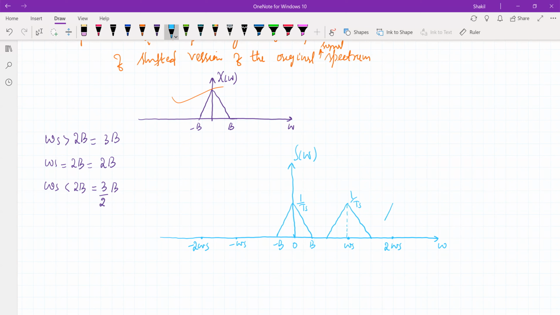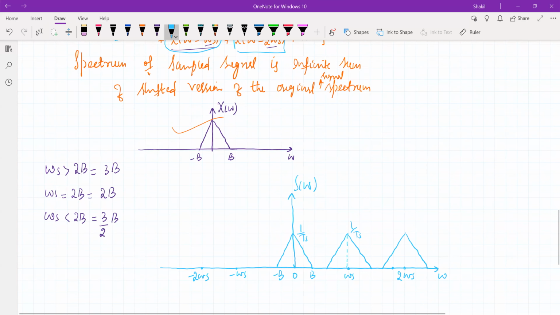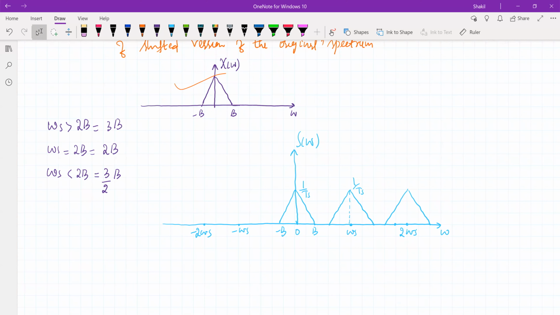Same way, let me shift towards here, this is twice omega s. This is the shifted version at twice omega s, and this is shifted at omega s. It is the identical spectrum, but shifted at 0, omega s, twice omega s, thrice omega s, and so on. So this will repeat continuously towards omega going to plus infinity. Same way I can draw the same spectrum.